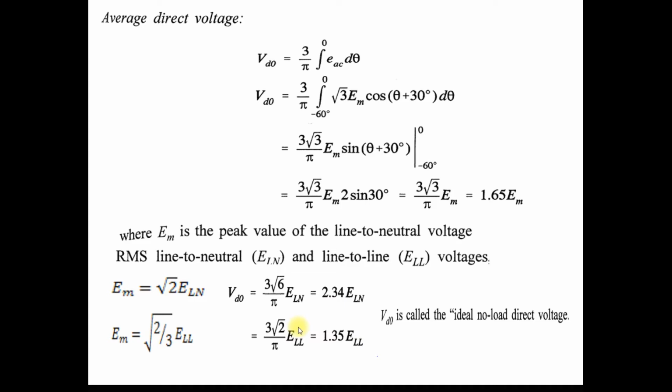This is for the ideal condition, the ideal no load direct voltage, because here we take alpha as 0 and the inductance is assumed negligible. So this is the ideal condition. Actually you cannot neglect the value of source inductance. So this is called the ideal no load direct voltage.